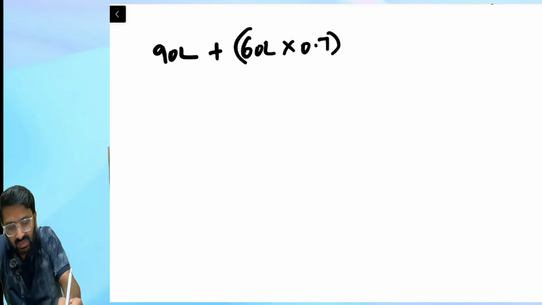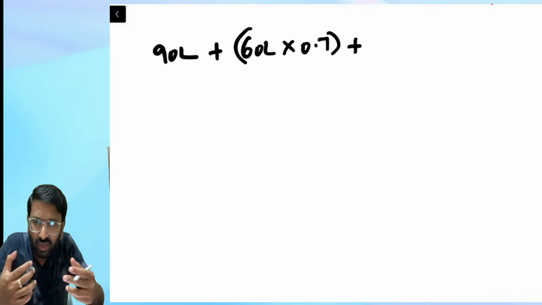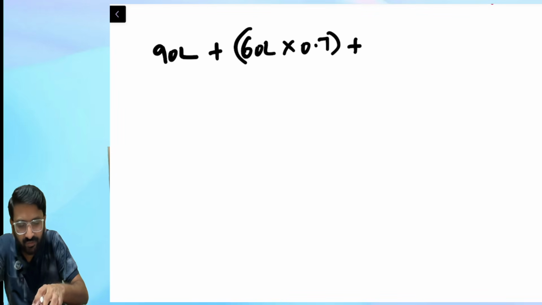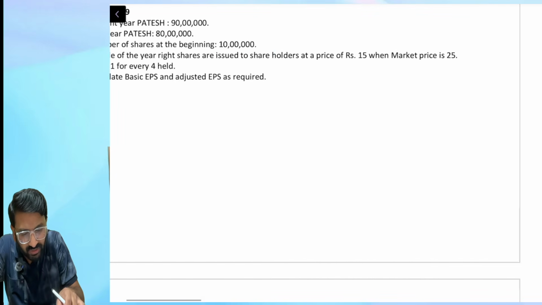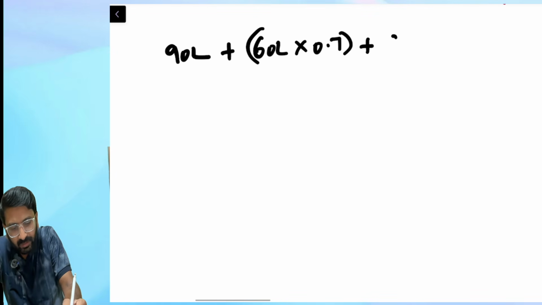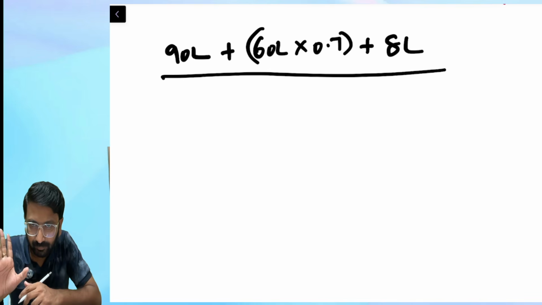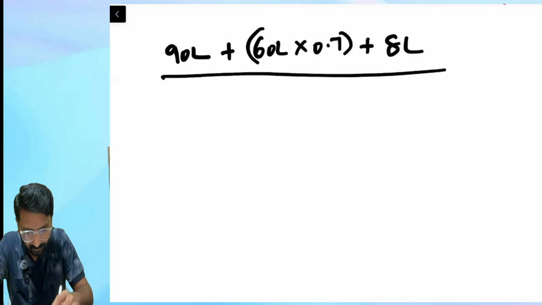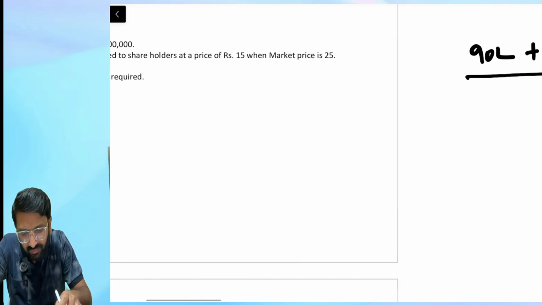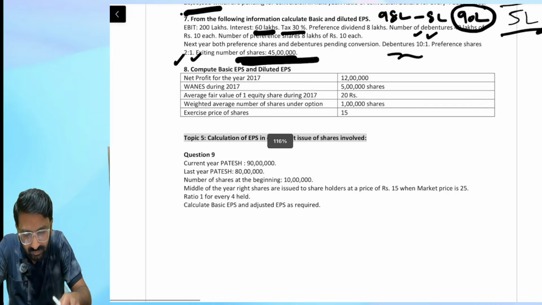Add that. And in the next year, preference dividend also I should add because I'll not be paying any preference dividend. How much is the preference dividend? 8 lakh. For preference dividend, you should not take any tax impact. So this will be your numerator.